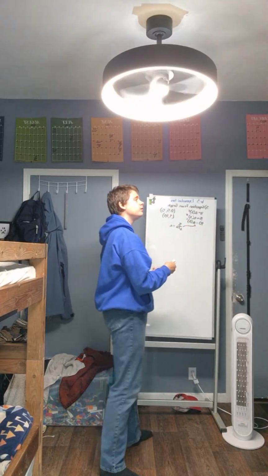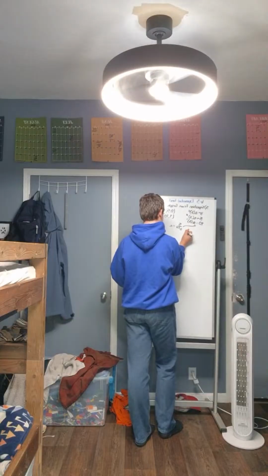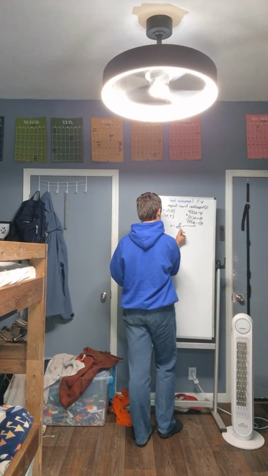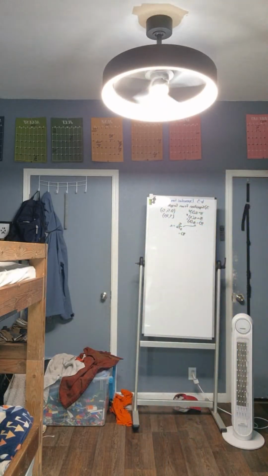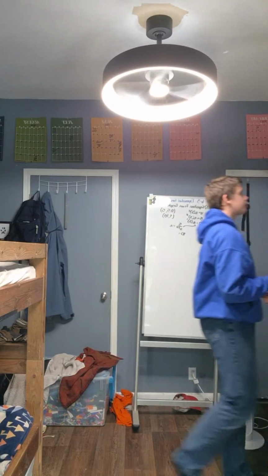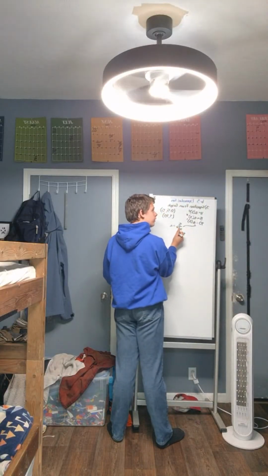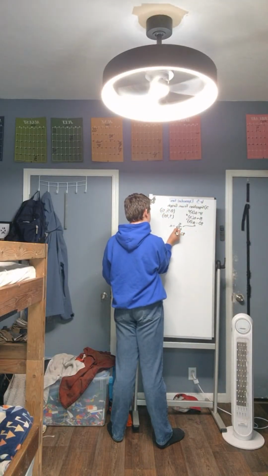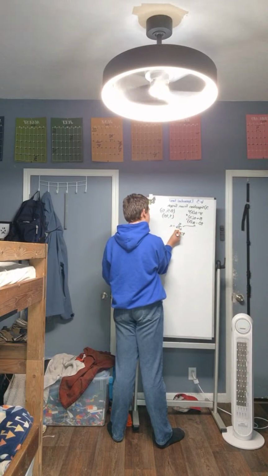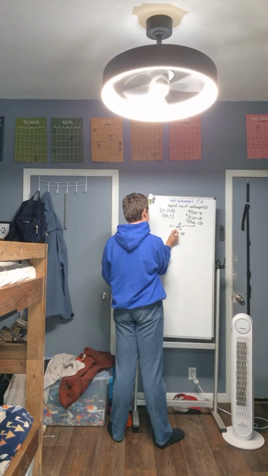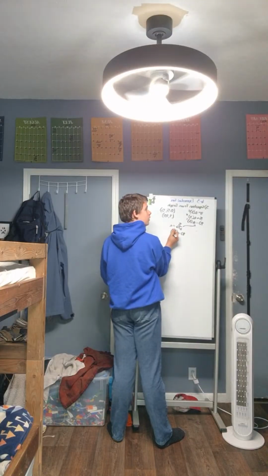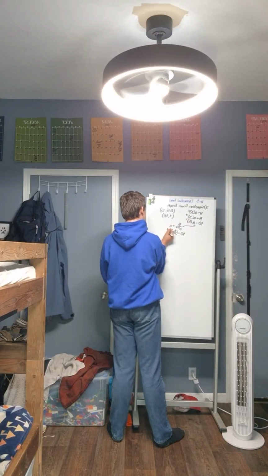So we have 10 equals 5 divided by B to the 0.5 times B to the 1.